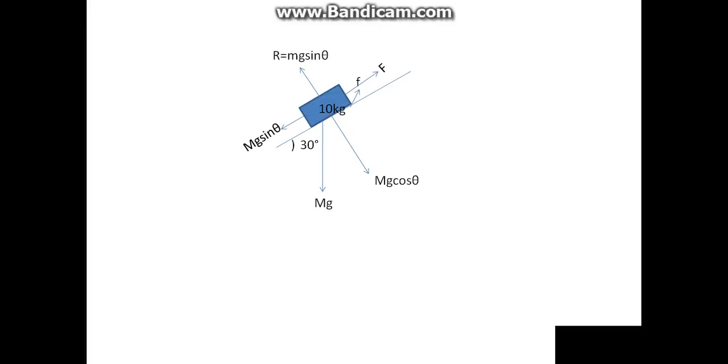The force acting along the inclined plane is mg sin theta, while the force acting perpendicular to the inclined plane is mg cos theta, which is also the reaction. Then the reaction to the plane will now become mg sin theta, while the weight still remains mg. We are also given that mu is still 0.5.